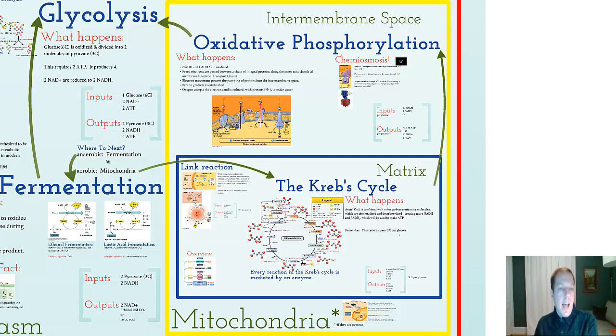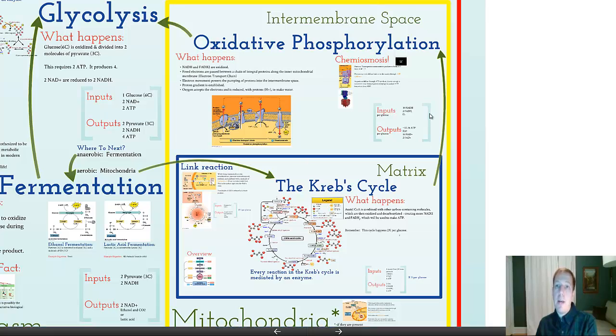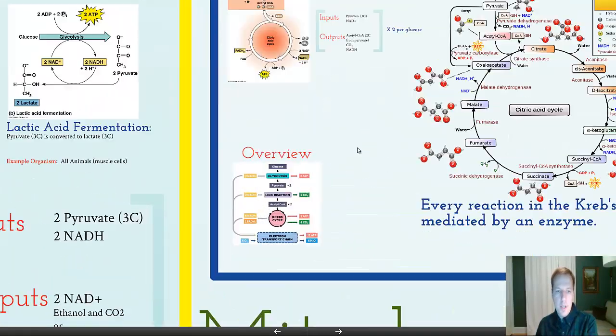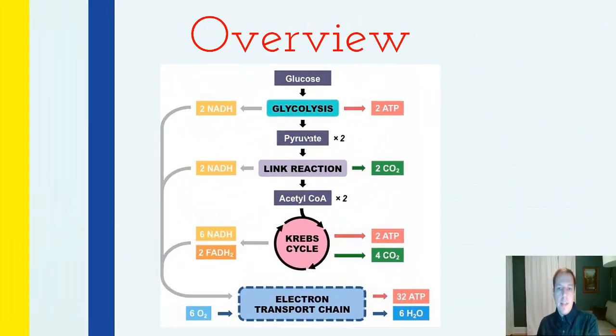Now, if oxygen is present and we're in a eukaryotic organism like a human, then the pyruvate will not go on to fermentation, but rather the pyruvate is going to enter into the mitochondria. And within the mitochondria, there's going to be a multi-step process. That pyruvate goes through something called the link reaction.